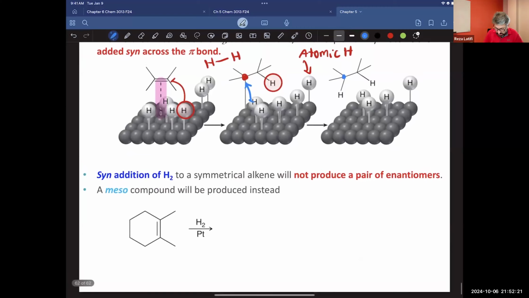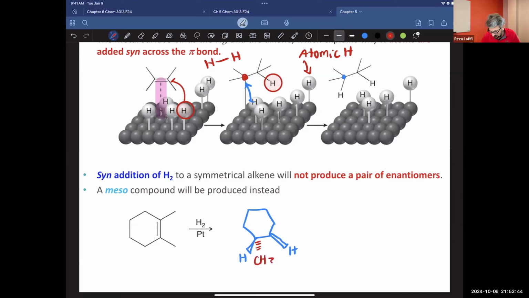stereospecific. That means the addition is going to happen only on one side of the molecule. Okay. And last example. We can have addition either to the top or bottom of the molecule. So let's say addition happens to the top of the molecule, and then we get H here, H, and that means the methyls will be back of the molecule.